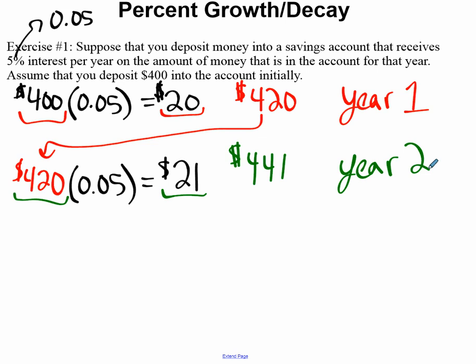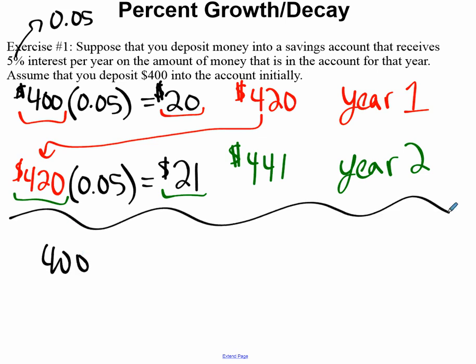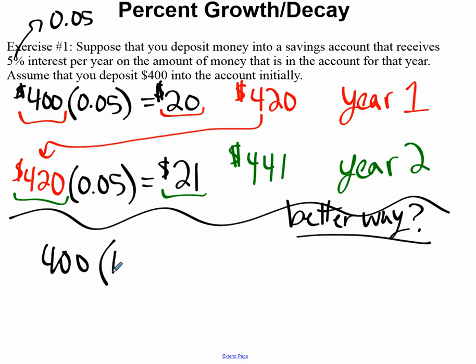So in other words, for the first year, I could have done $400, so we're looking for a better way. So I take that $400 and I can multiply by 1.05.